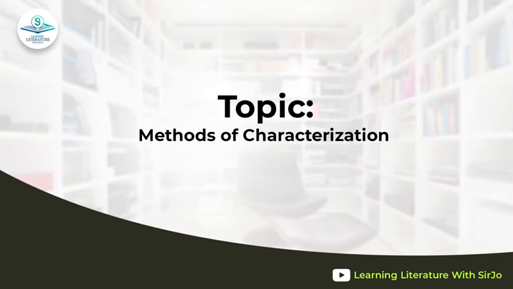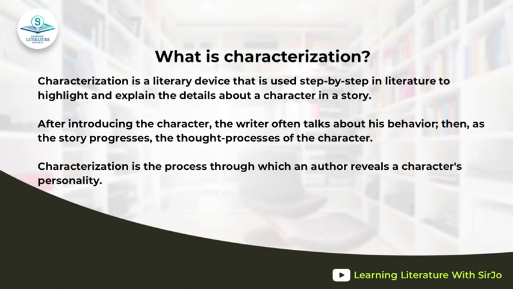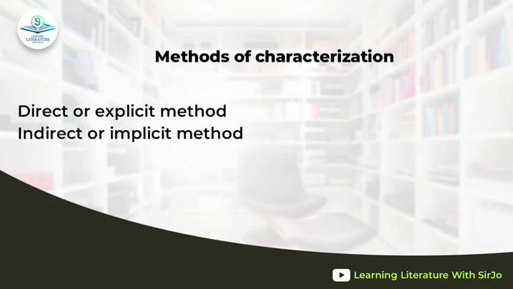So, in conclusion, we have looked at what the methods of characterization are, and we looked at what characterization itself is. And we got to know that it is a literary device that helps writers to reveal to us the nature of their characters in their storyline. And the two main methods of characterization are the direct and indirect methods.